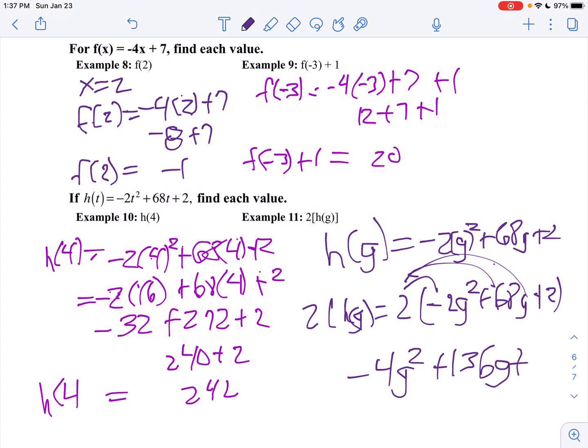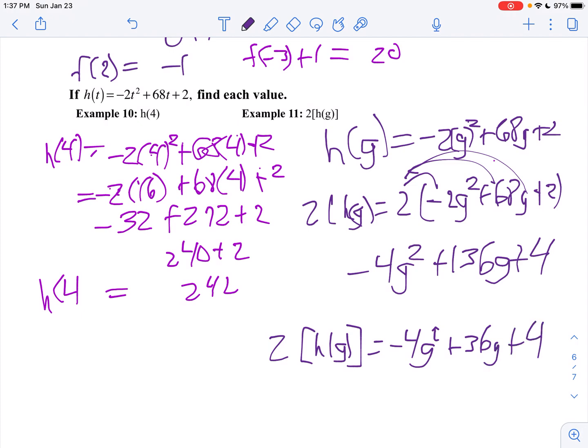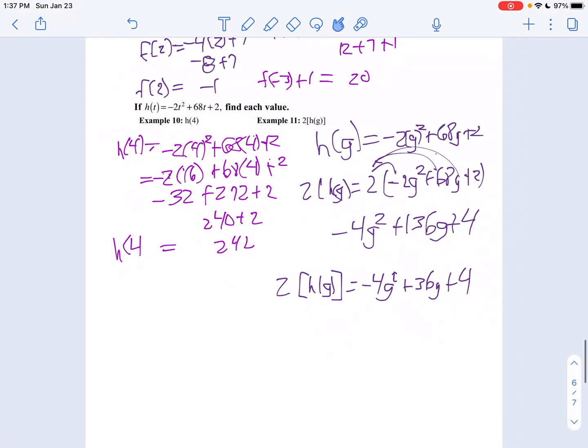And then 2 times 2 is 4. So my answer then, if I write in function notation, is 2 times h of g equals negative 4g squared plus 136g plus 4. And there is function notation.